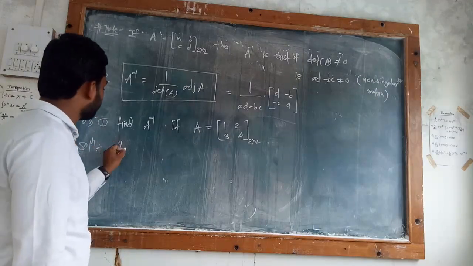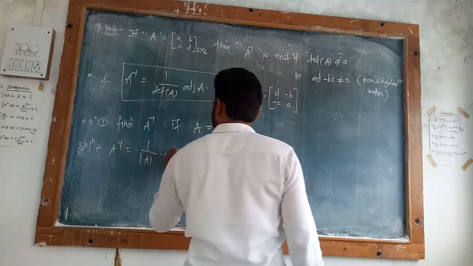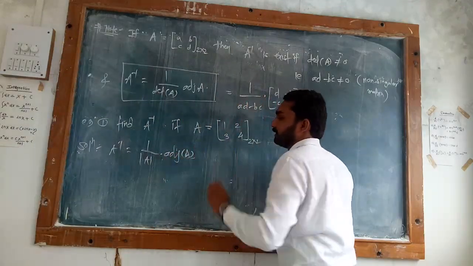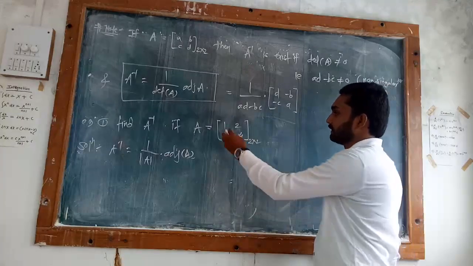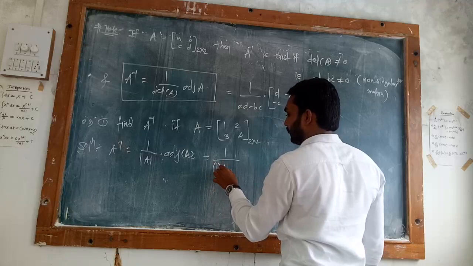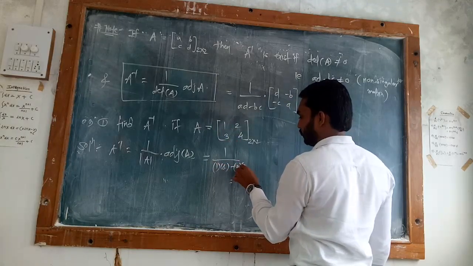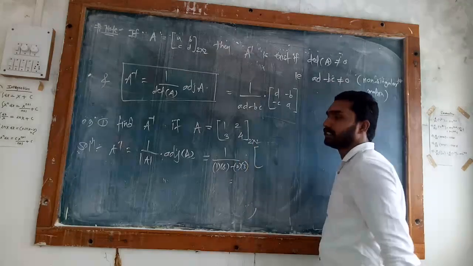A inverse becomes 1 upon determinant of A into adjoint of A. The determinant of the matrix: take the cross multiplication, it is 1 upon 1 into 4 minus 2 into 3, into the adjoint.